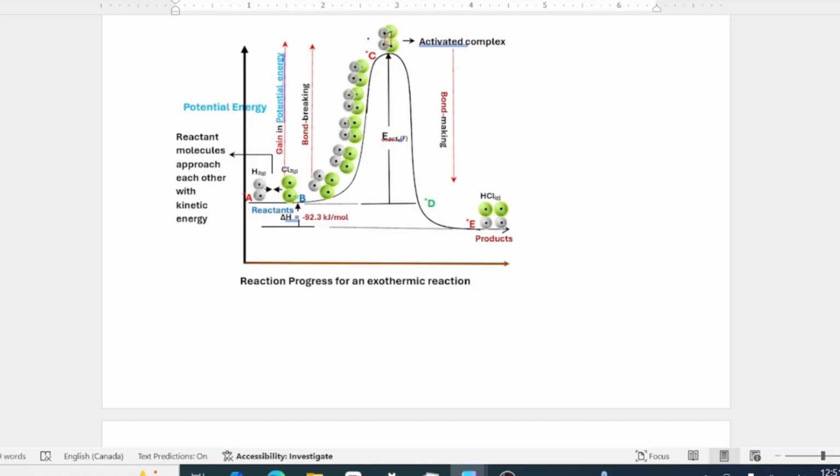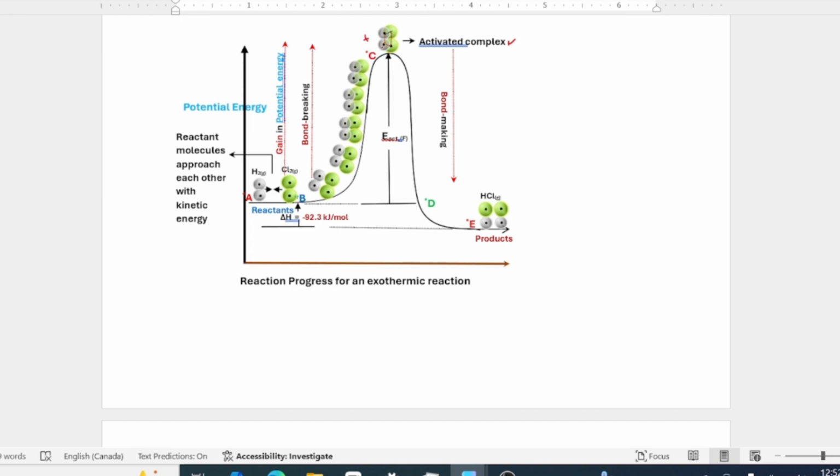If the molecules have sufficient energy and they eventually overcome these repulsions, an activated complex is formed that has the highest potential energy. Like we said before in one of the previous videos, the activated complex can do one of two things.